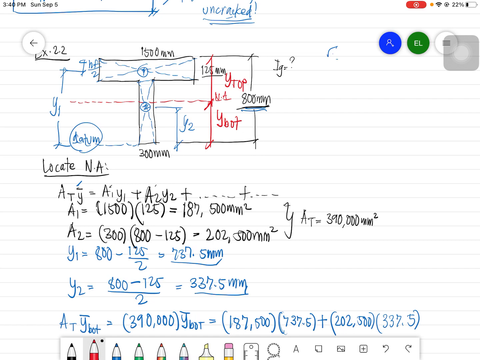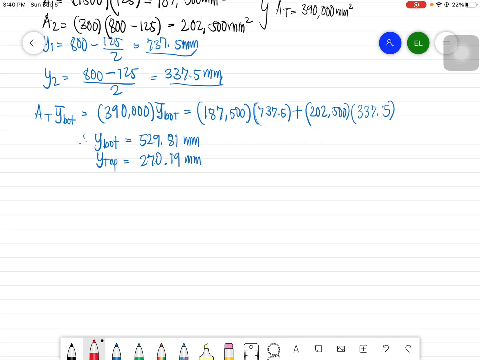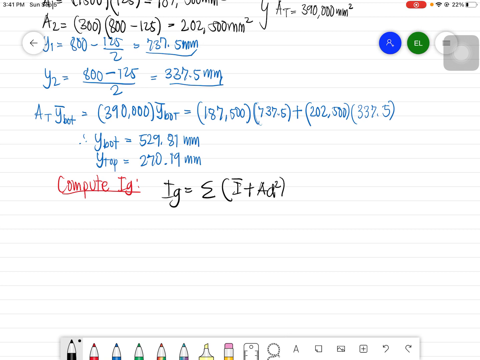Therefore we could now compute IG, wherein IG is equal to the summation of the local I, or the local moment of inertia of the area considered, plus the transfer formula, which is A d squared.